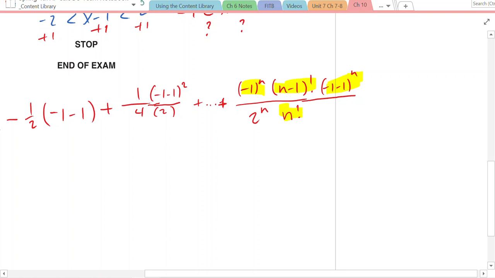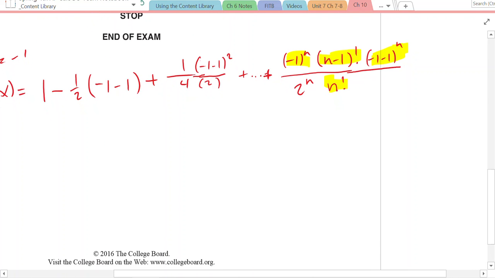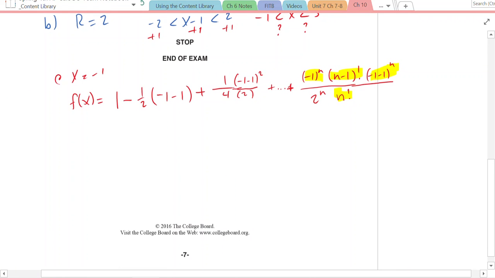Because we need to simplify, we're going to rewrite it. We're really looking at the nth term. We want to know, is this going to converge on this nth term? So we've got to look at the nth term and rewrite this whole thing.